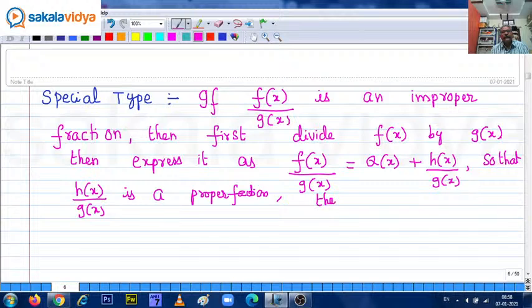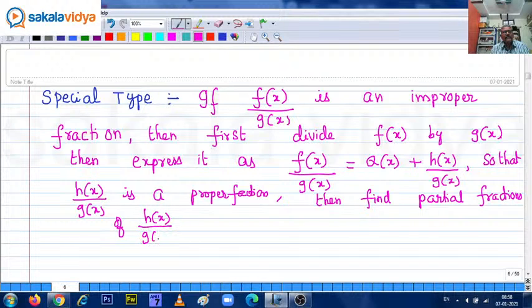Then find partial fractions of h of x by g of x as we discussed earlier.